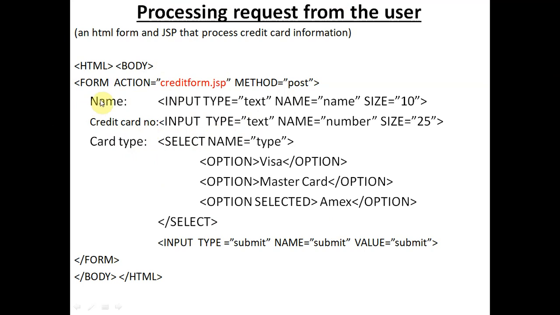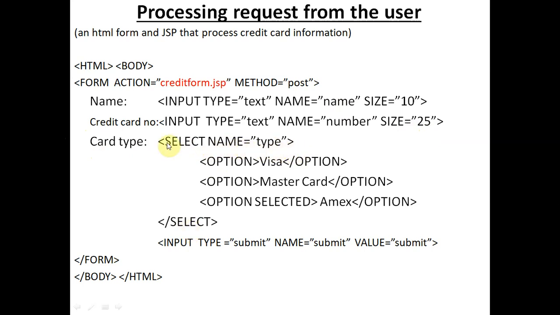We have three fields here: name, credit card number, and card type. Name is a text box, its name is name, and size is 10. The second text box is credit card number. Its name is number and size is 25. And third, card type, is a combo box. Select name and type.